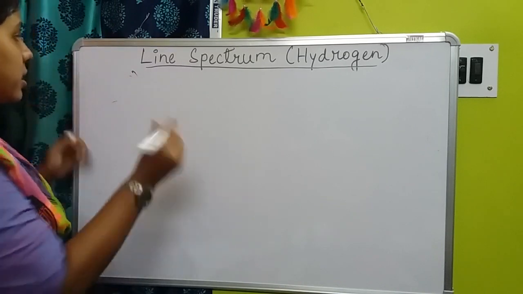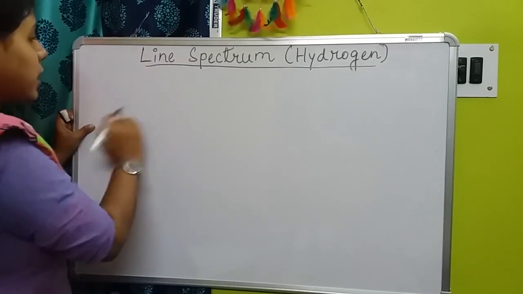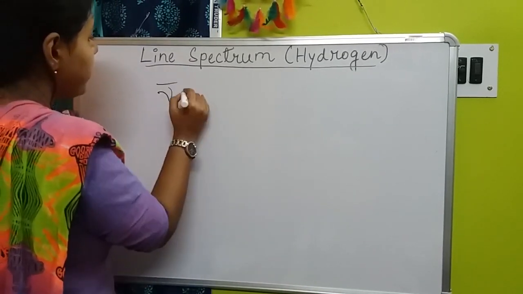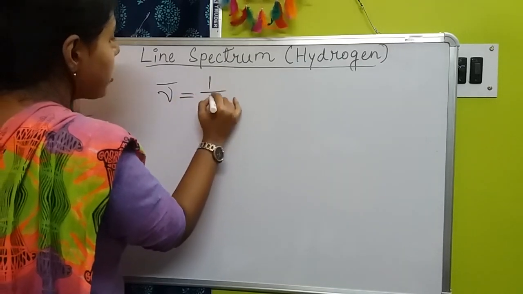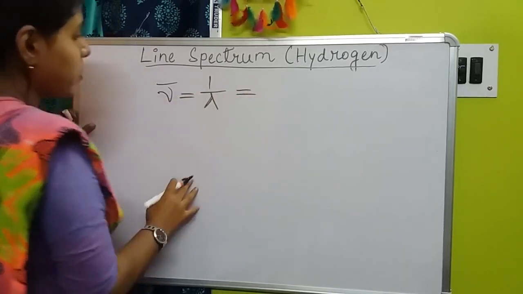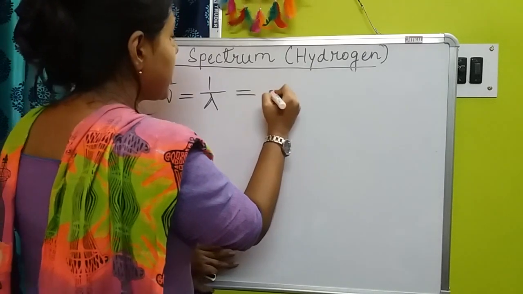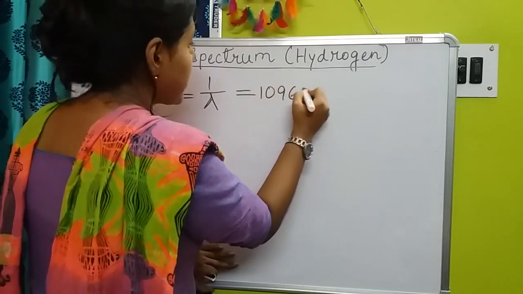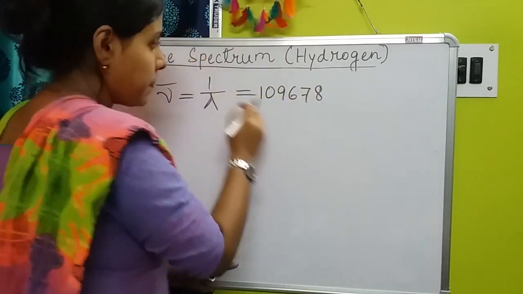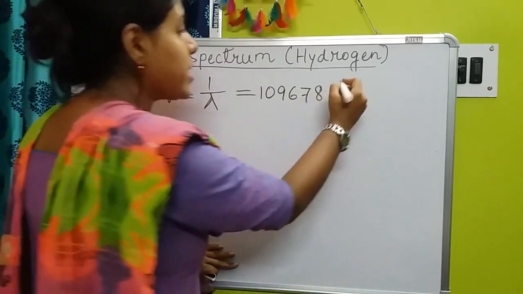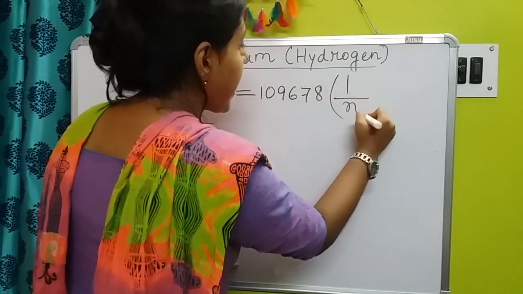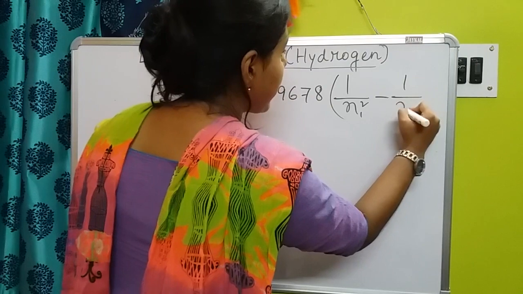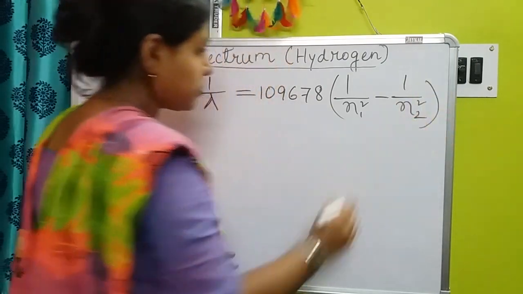So first let's discuss the Rydberg equation, that is nu bar equals 1 by lambda, equals 109678, that is the value of the Rydberg constant, times 1 by n1 square minus 1 by n2 square.